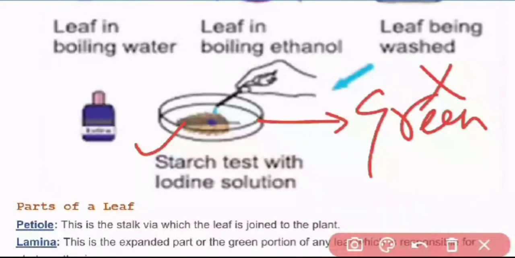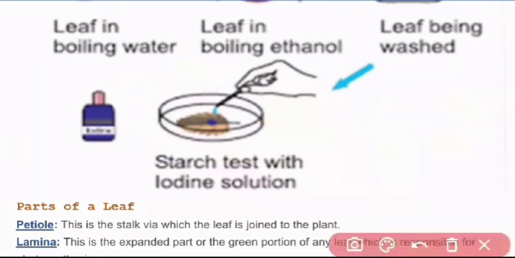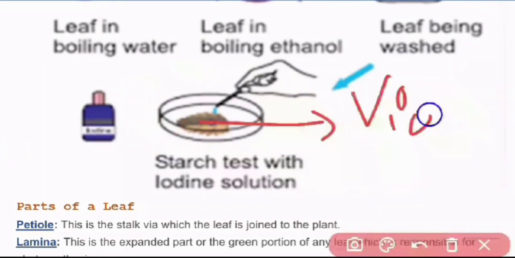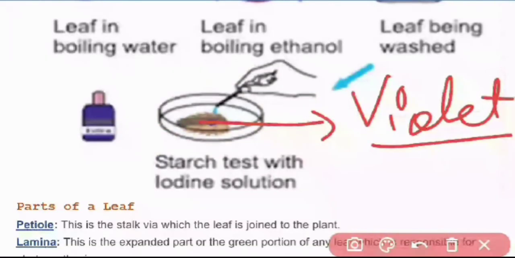The equipment which you can see over here is called a petri dish. We will place the leaf on the petri dish, and after that we will add some amount of iodine solution on that leaf. When we add the iodine solution, that leaf will give violet color. Why?